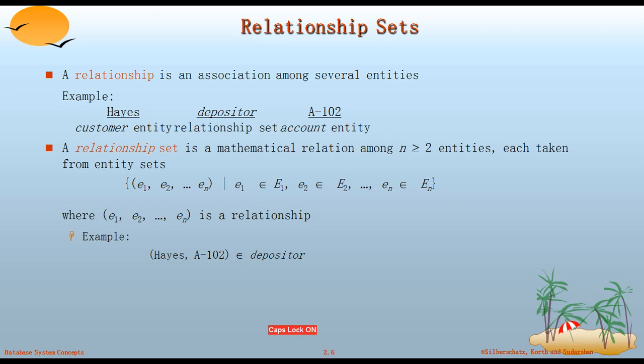Hence, account number 102 belongs to depositor. This is an example of a mathematical relation.